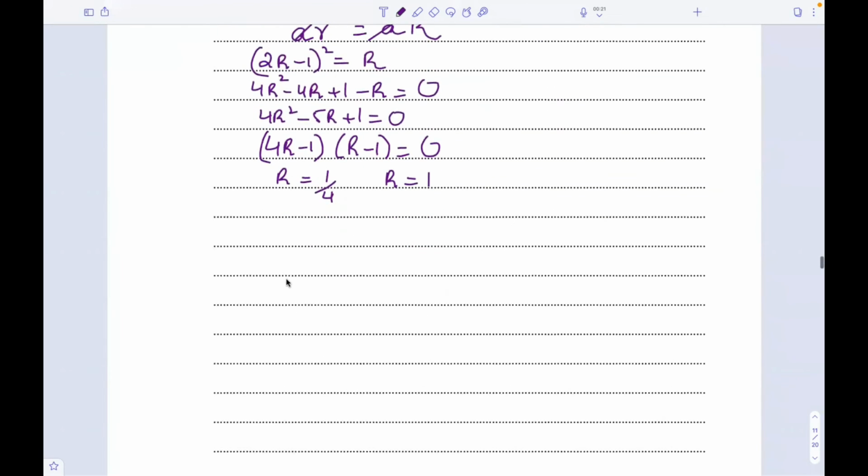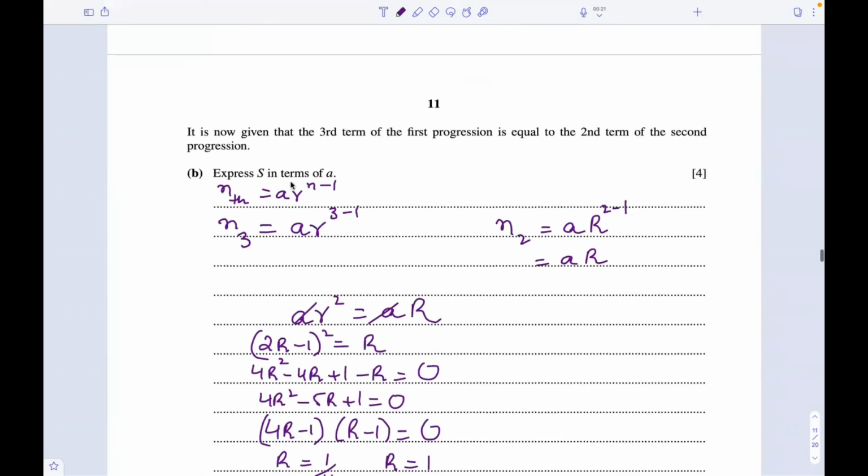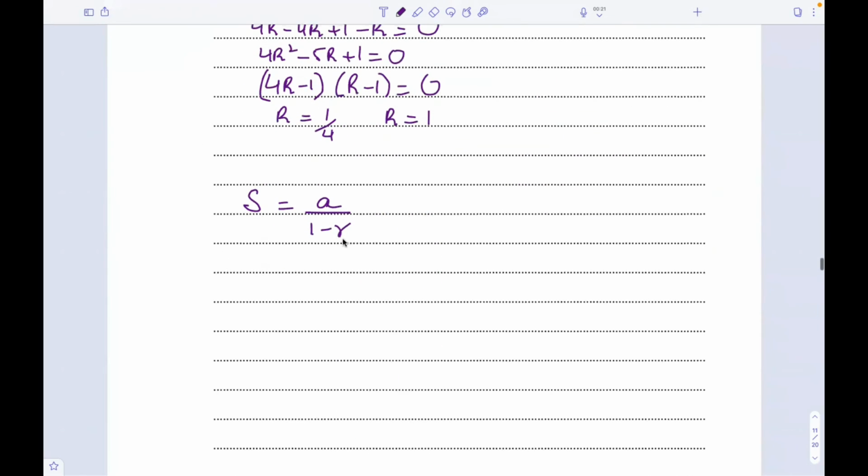Now using the formula for sum to infinity, S is equal to A upon 1 minus r, we have to express S in terms of A. First of all, we replace this 1 minus r with 1 minus (2R minus 1), and we get S is equal to A upon 2 minus 2R.